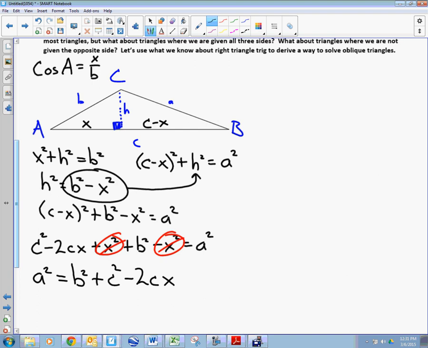See how I come up with the x? We don't want an x in our final formula, do we? So let's solve for x. What will we do to both sides? Multiply by b. So b times the cosine of A is equal to x.